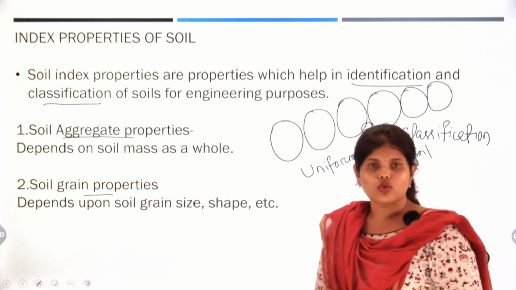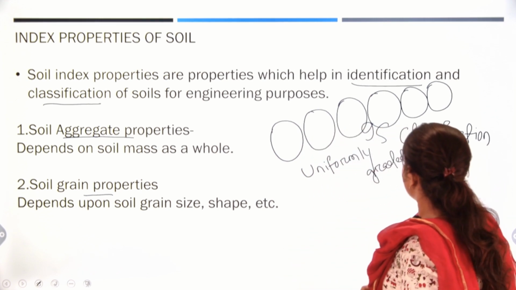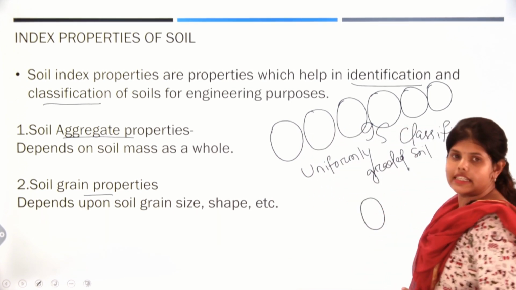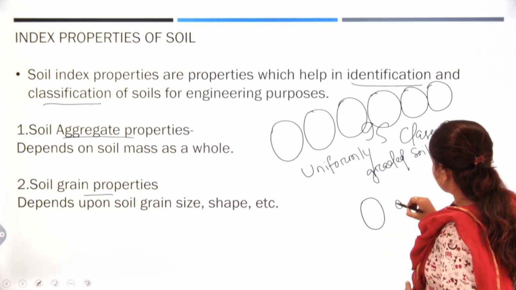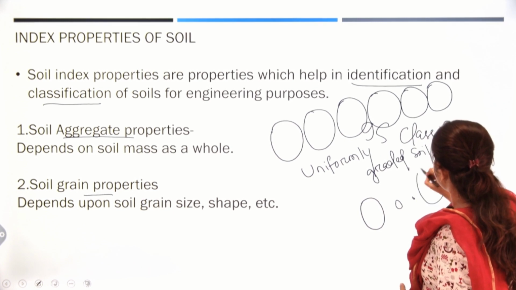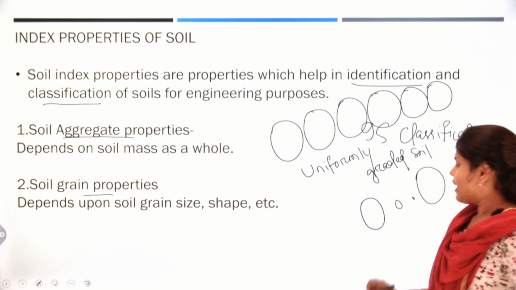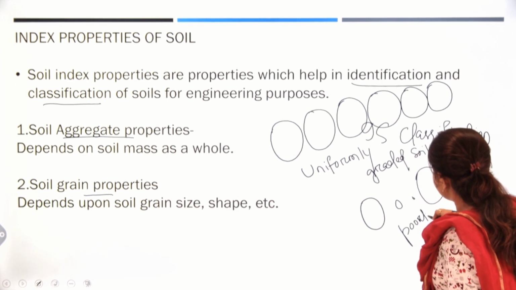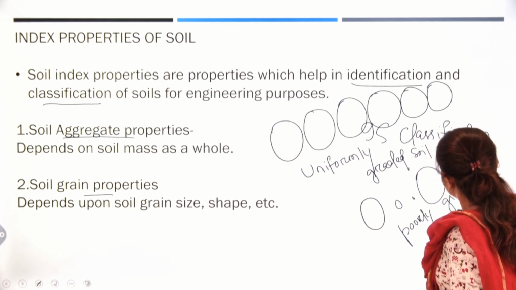If one sample is of one size, another is small, another is small, and another is greater, we call it poorly graded soil.